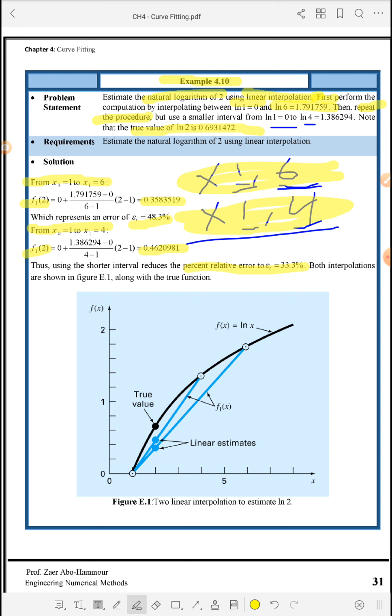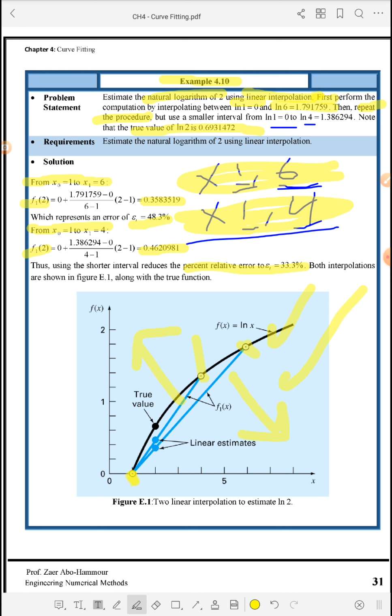Okay, and this figure clarifies things. This is the original curve, the black one, and this is the first scenario based on x is equal to 1 and x is equal to 6, and this is the second scenario based on the same x0 at 1, and the other point is here, which is equal to 4.